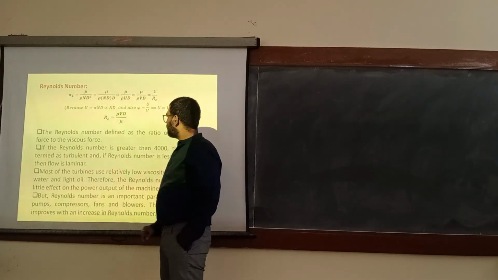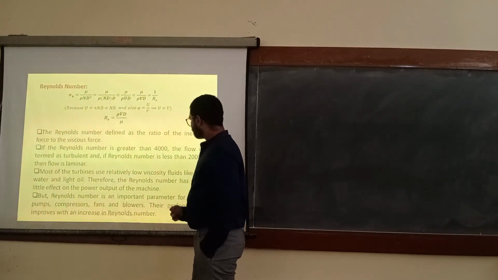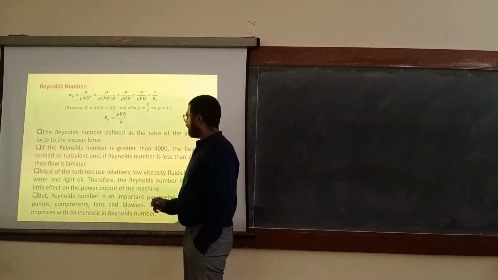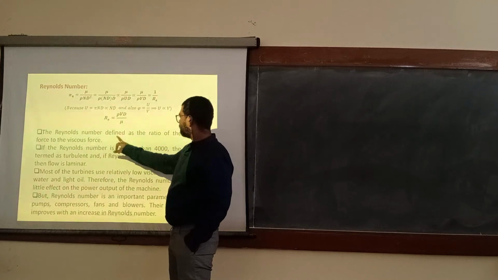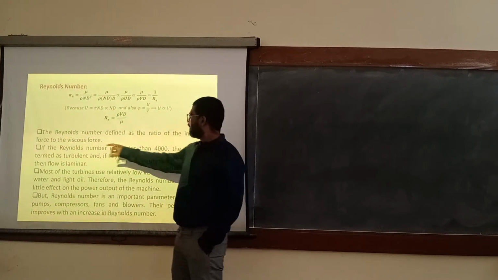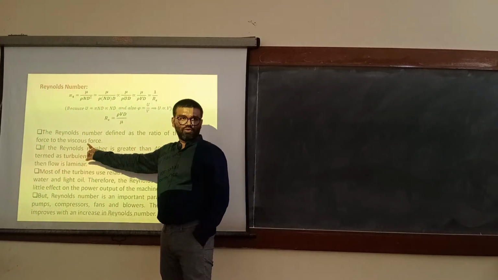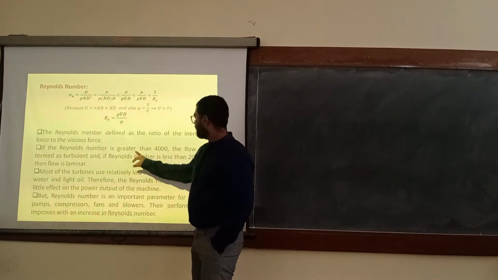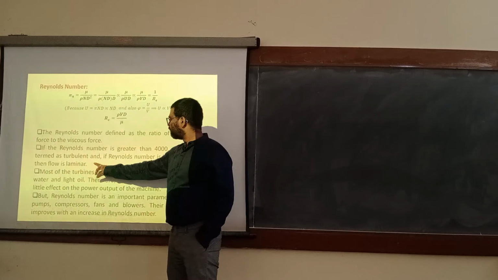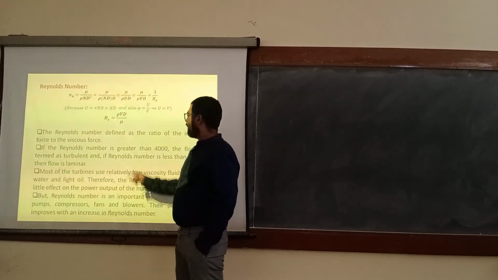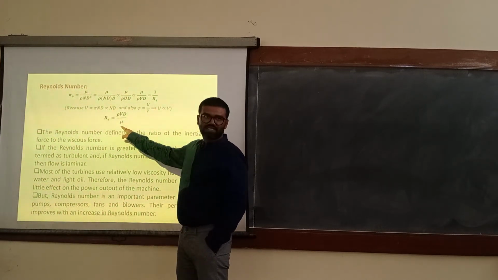For turbulent flow, always the inertia effect is more than the viscous effects. That means here the Reynolds number is defined as the ratio of the inertia force to the viscous force.